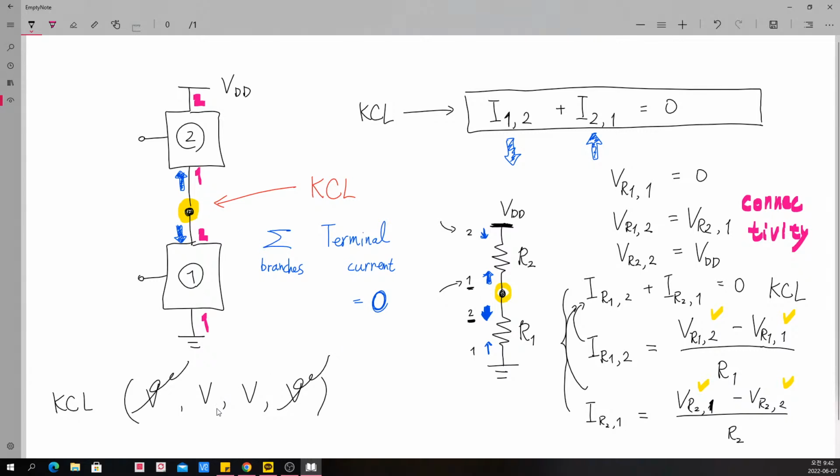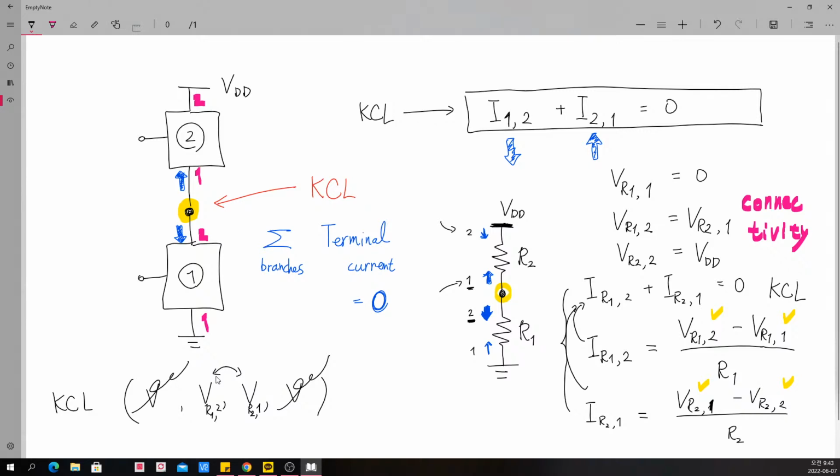And now we have the voltages like first resistor's second terminal value, and second resistor's first terminal value. However, due to the connectivity, we now understand they are the same.